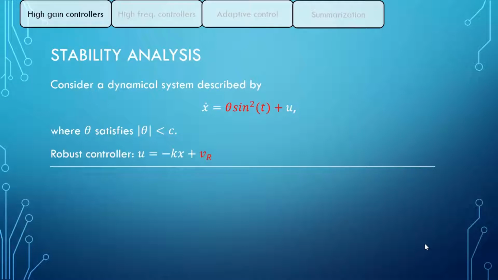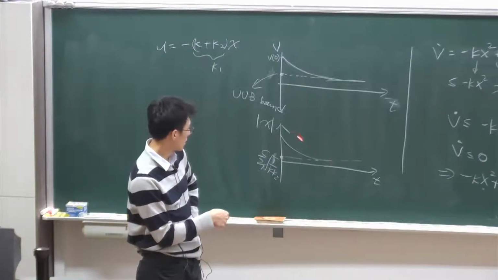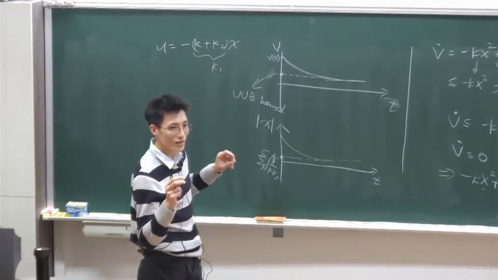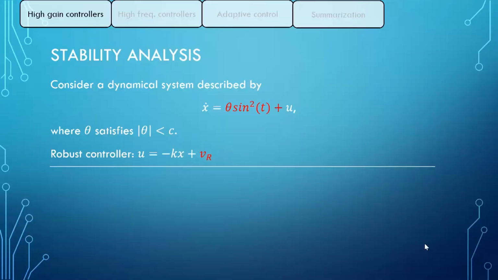The best I can get is the UUB, which means that x cannot converge to 0, but it can converge close to 0. How close? By the control gain that you design, right? That's the answer you're trying to get. So this is what you have: the system, the controller, and the upper bound of the uncertainties.